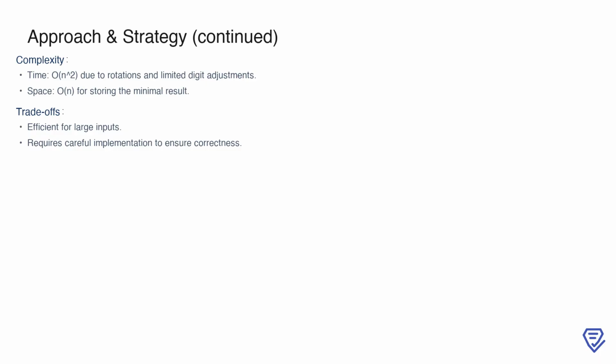The time complexity of this method remains n squared, as we still need to evaluate all rotations and their associated digit modifications. However, the space complexity can be reduced to n, as we only track the minimal result and avoid maintaining a comprehensive visited set like in BFS. This makes the mathematical approach particularly efficient for larger inputs.